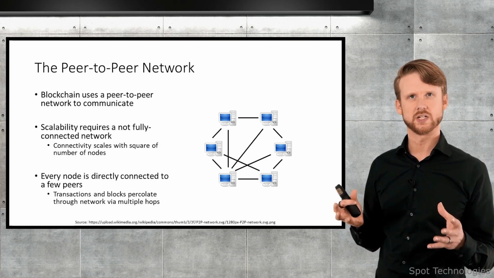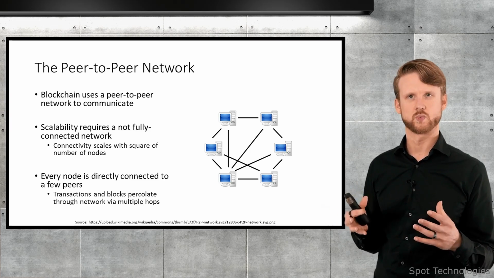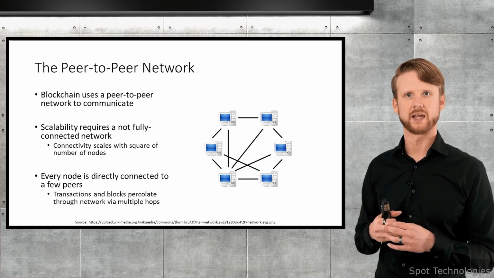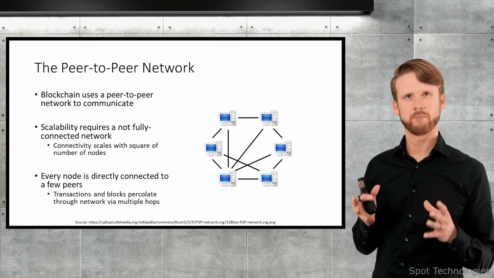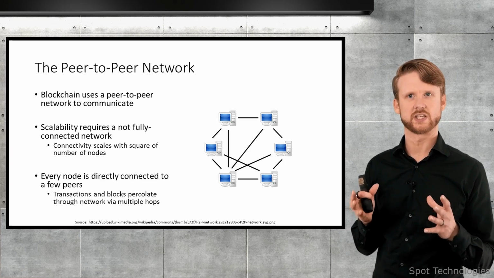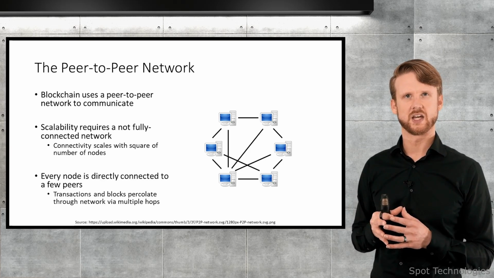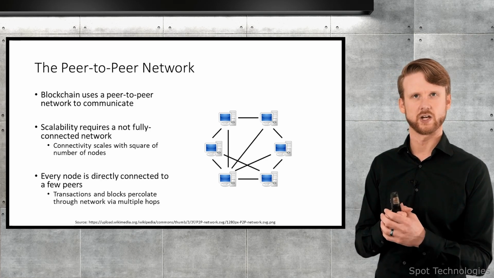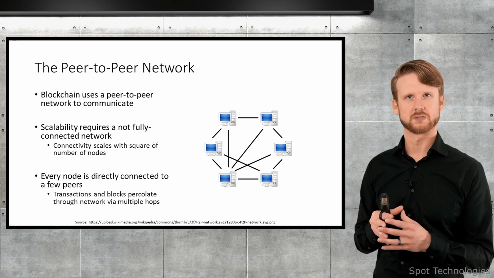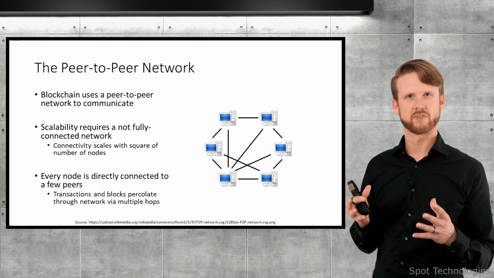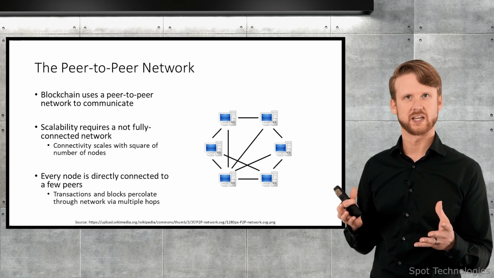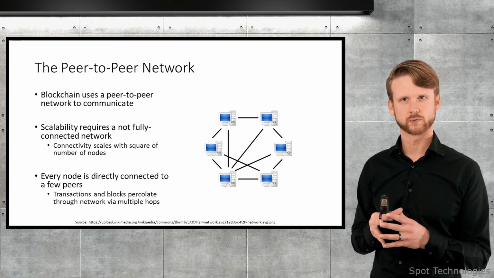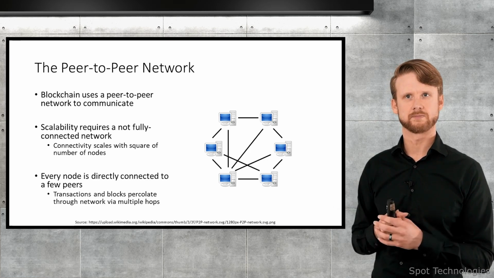And all of these nodes need to be able to talk to each other, which is where the peer-to-peer network comes into play. So blockchain is very decentralization focused, meaning it doesn't want any central authority or single point of failure. So that helps protect against misuse of power, and it also provides a greater level of resiliency against attack or other disruptive events.